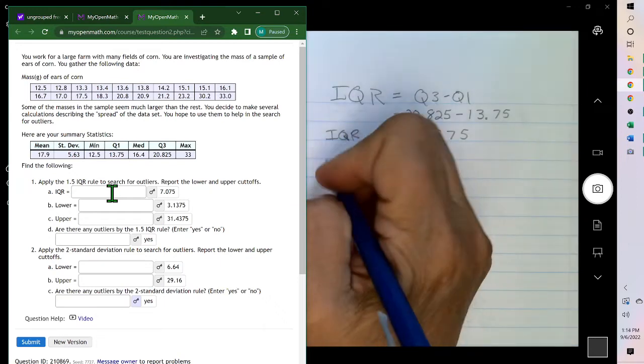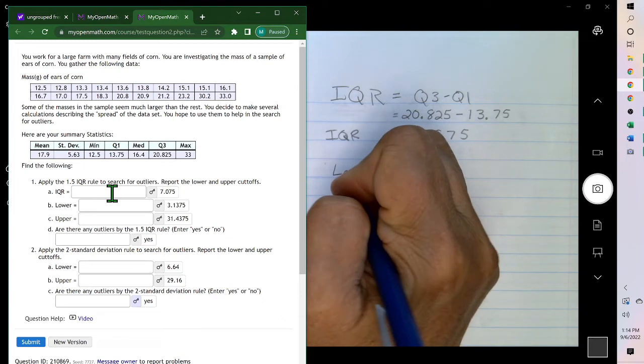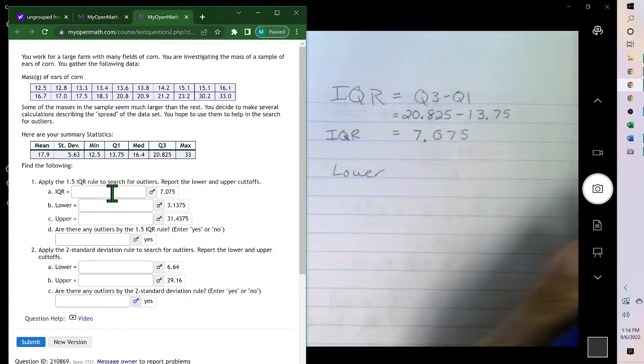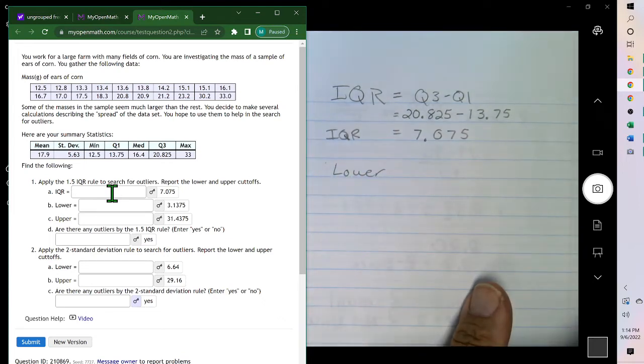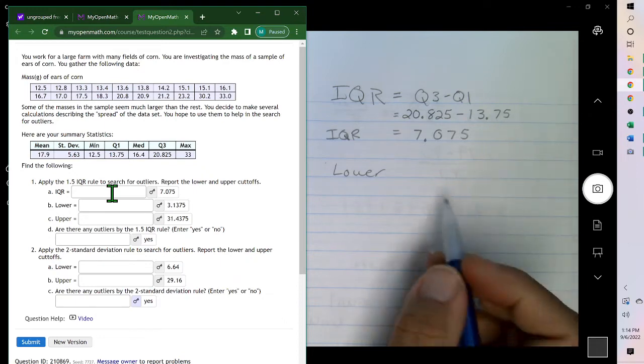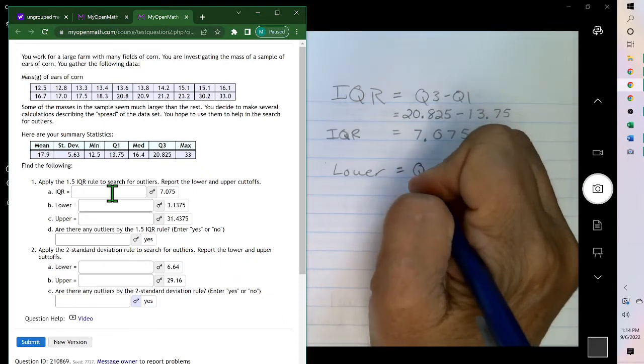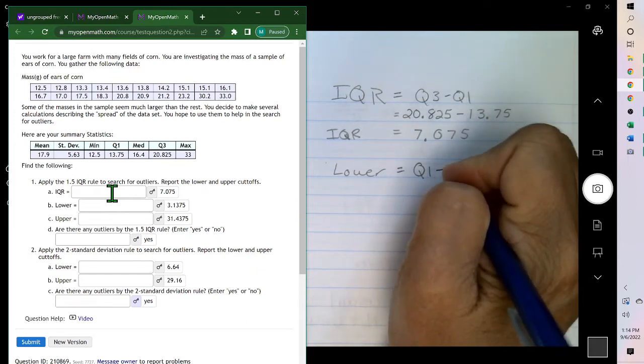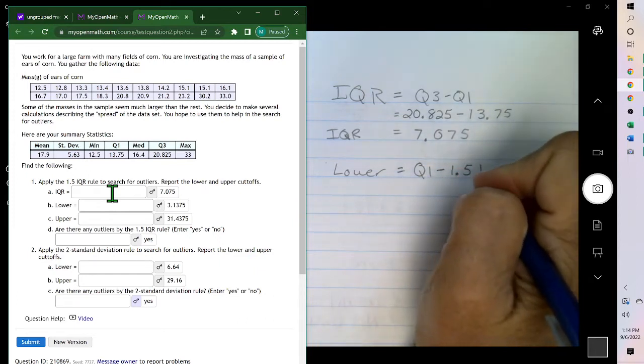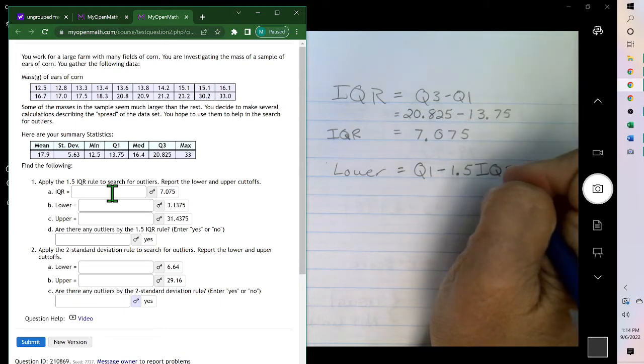Now to find the lower range, or the lower cutoff, the lower cutoff is Q1 minus 1.5 times the IQR.